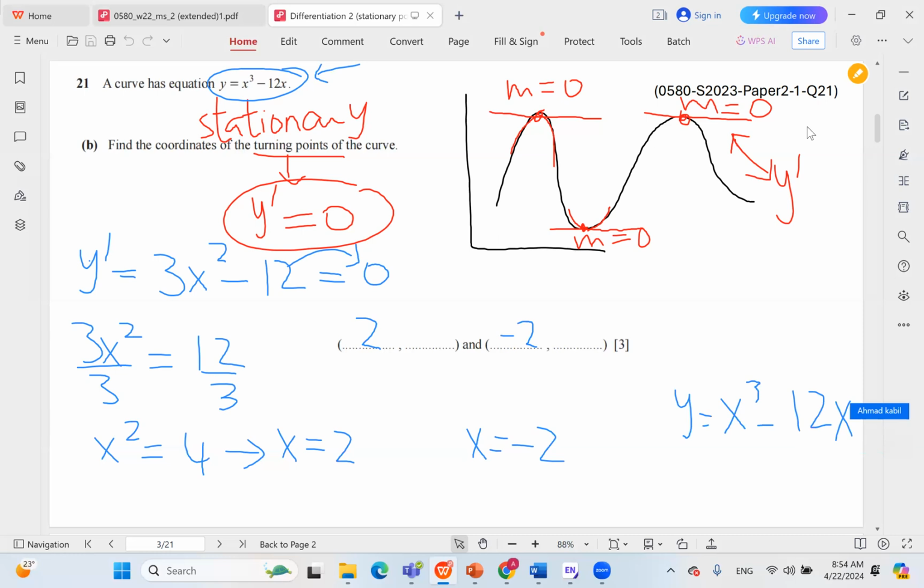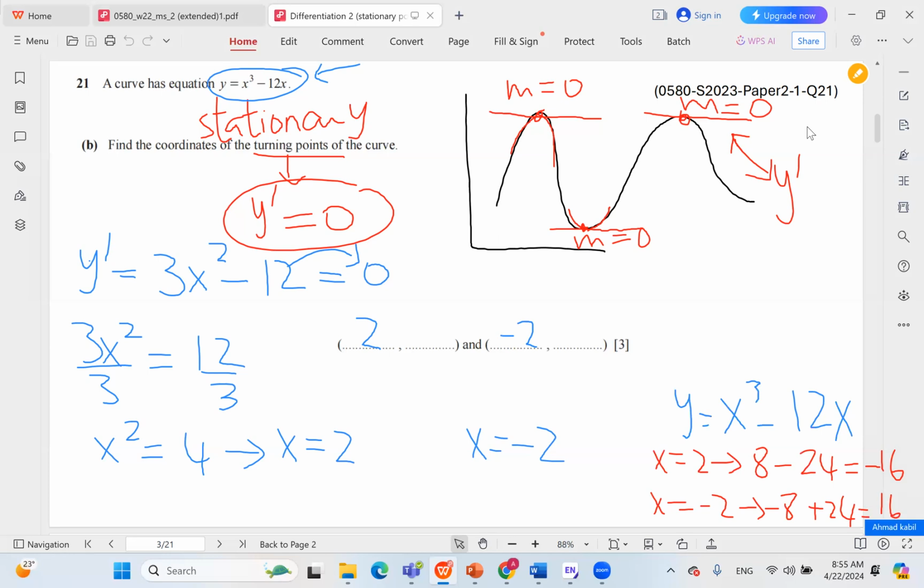So to get the values of y, first we put x equal 2. So we get 8 minus 24, and this is equal to negative 16. And then we put x equals negative 2. So we get negative 8 plus 24, and that gives us positive 16.